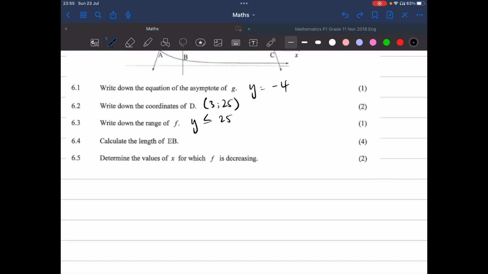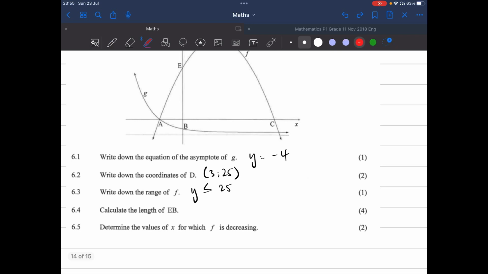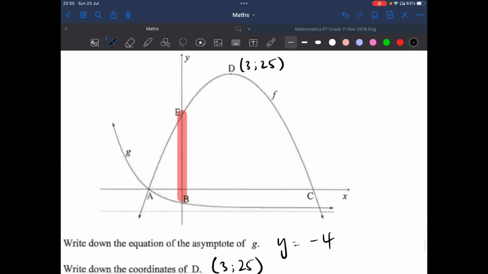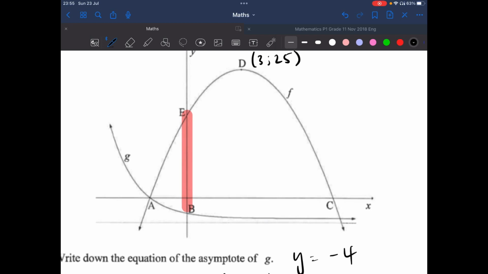Okay, 6.4. Calculate the length of EB. Okay, here's EB here, right? So what are we going to need to find this? Well, from the looks of it, this is on a straight line. EB is lying on the y-axis. So we just need to find what the y value is here and what the y value is here.